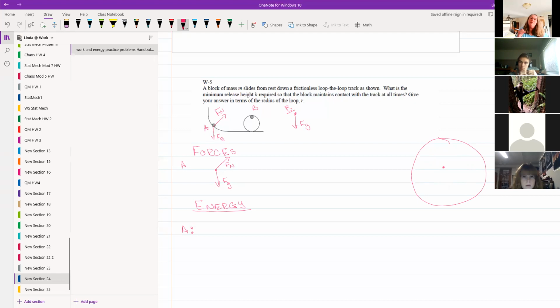If it is going to just maintain contact, we look at the point just after it loses contact. So in that case, we would say that the force normal is 0. Anything faster, and it will maintain contact. So we're just looking at that threshold between 0 and touching. Does that make sense? Okay, yeah.